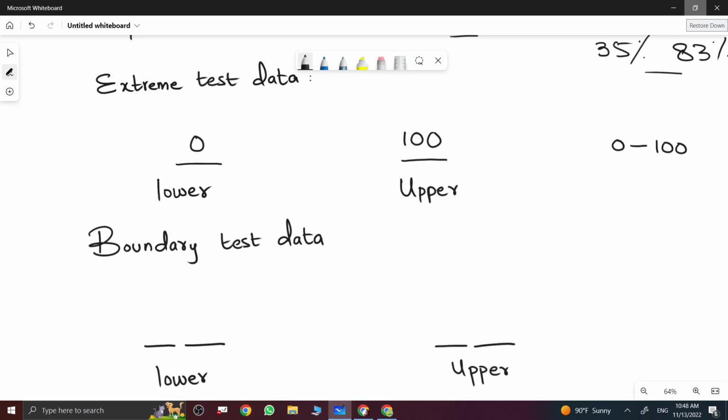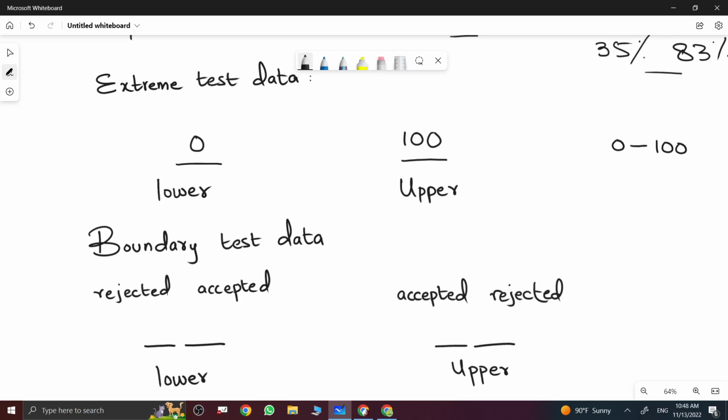And remember that the pair must be in such a way that one value will be rejected and the other will be accepted by the system or algorithm. If you are not getting it, you can go ahead and see my previous video in which I have explained all of these types in detail.